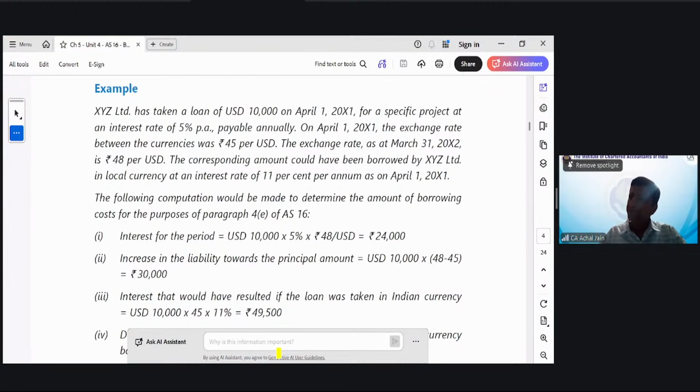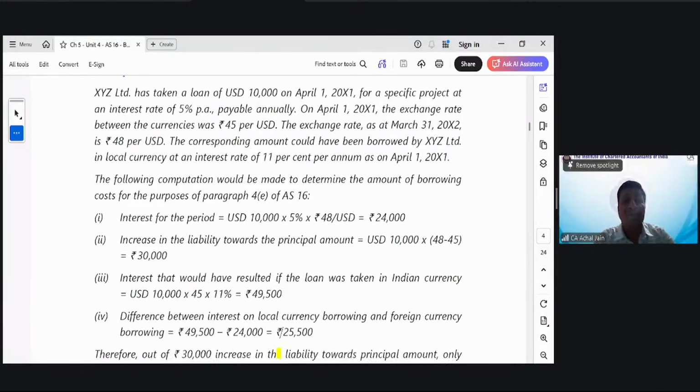So now, XYZ has taken a loan of 10,000 USD on 1st April X1 for a specific project at interest rate of 5% per annum payable annually. Okay, so it's a specific purpose loan, correct?